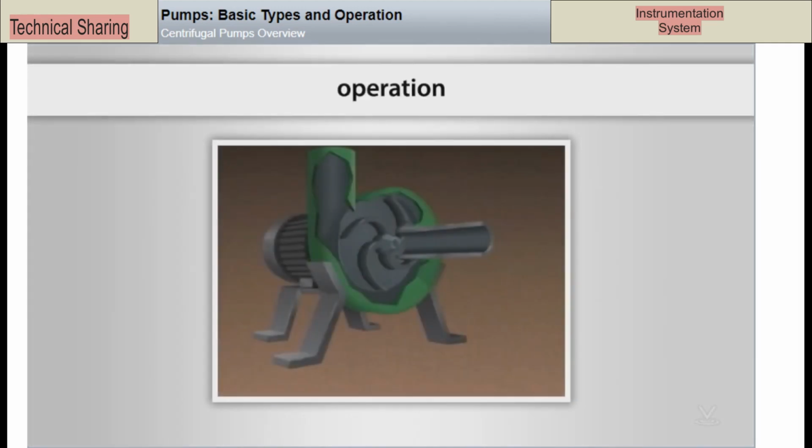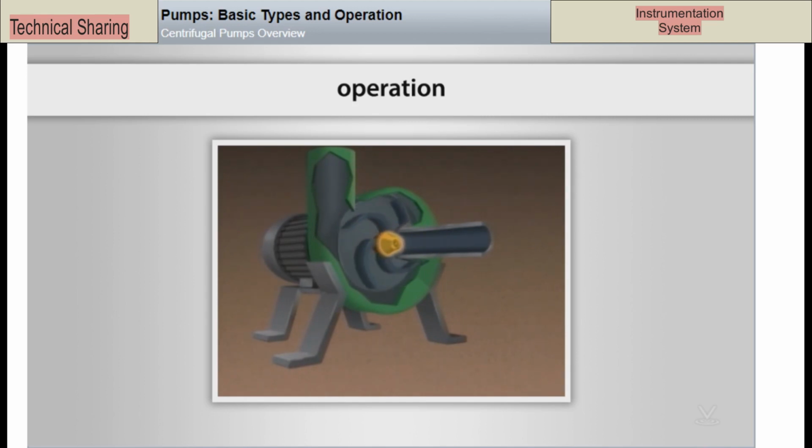Operation. During operation, the pump's driver rotates the impeller, creating centrifugal force that throws the liquid outward into the volute. The outward movement of the liquid causes two things to happen. First, it creates a reduced pressure area at the center, or suction eye, of the impeller.